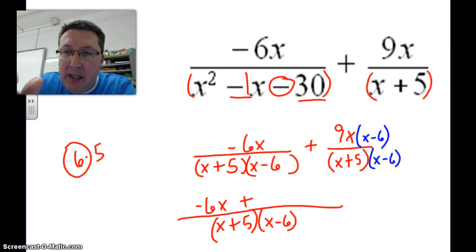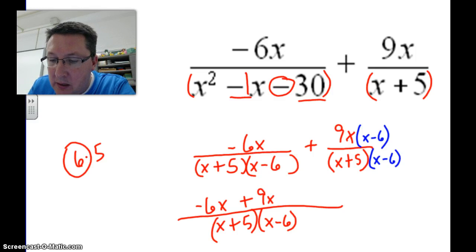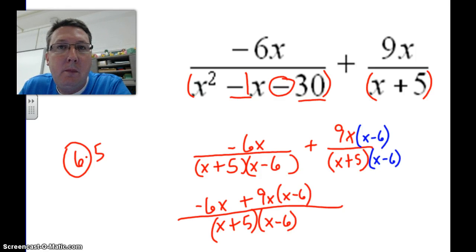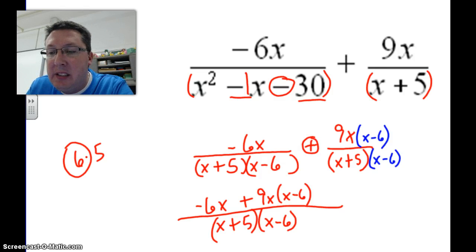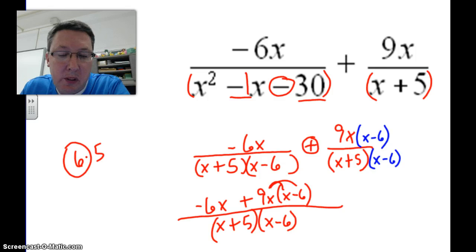So I'm going to write that as 9x times x minus 6. Always wait to distribute, especially when this sign happens to be a minus sign, because that minus gets distributed as well. Okay, from here, we need to go ahead and distribute, and we will look for like terms.